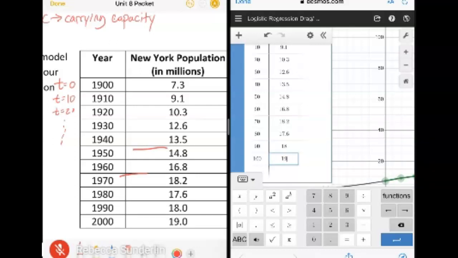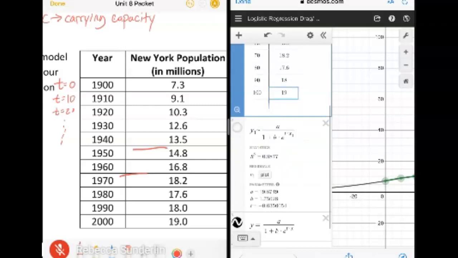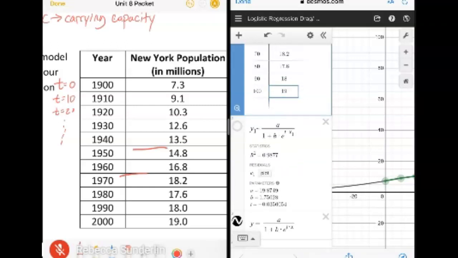And then on Desmos, entering all of those in will automatically give you your answer.